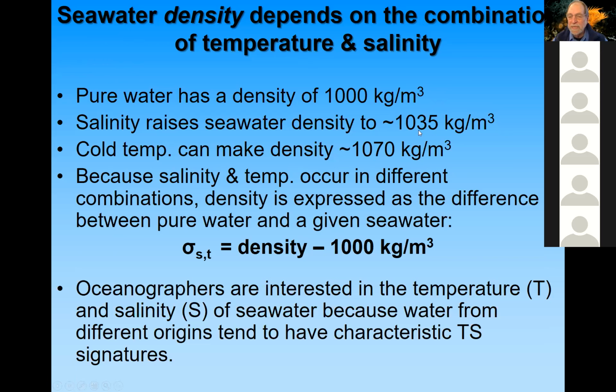Now remember that this green line is tracking the ocean characteristics as we go deeper and deeper in the water column. So remember, at the surface we have warm water. As we go deeper, the temperature decreases.